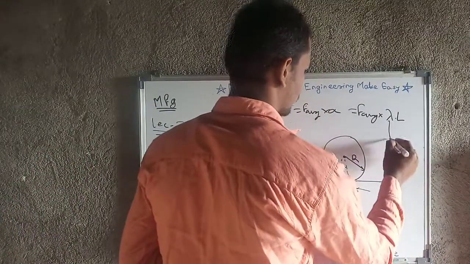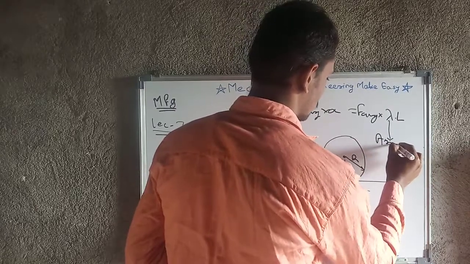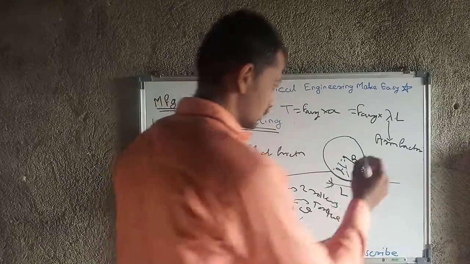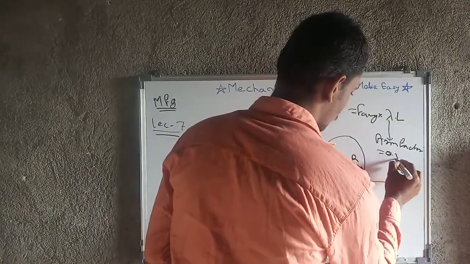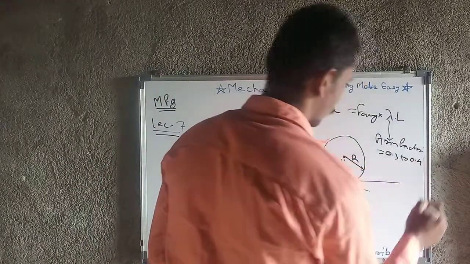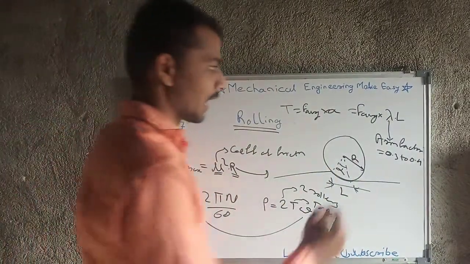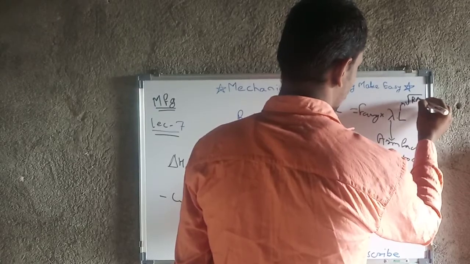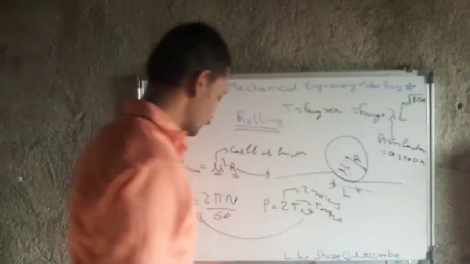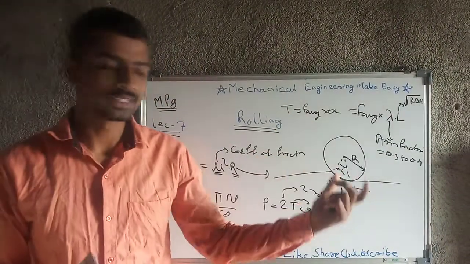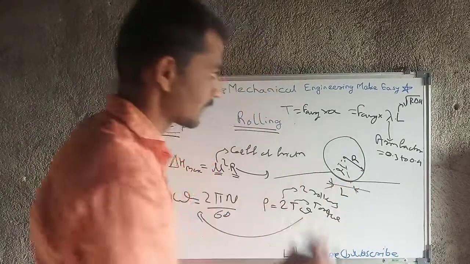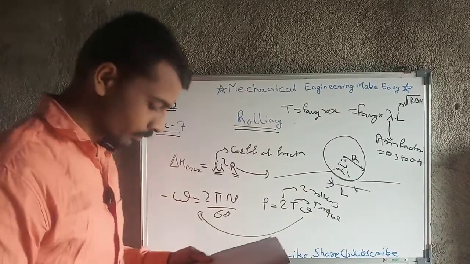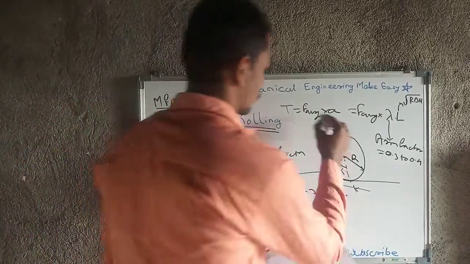Lambda is the arm factor, which generally has a value between 0.3 to 0.4. And L, we know L is nothing but under root of R delta H. So that L, the length of the deformation zone, has the formula under root of R delta H. Okay, so note down this formula.